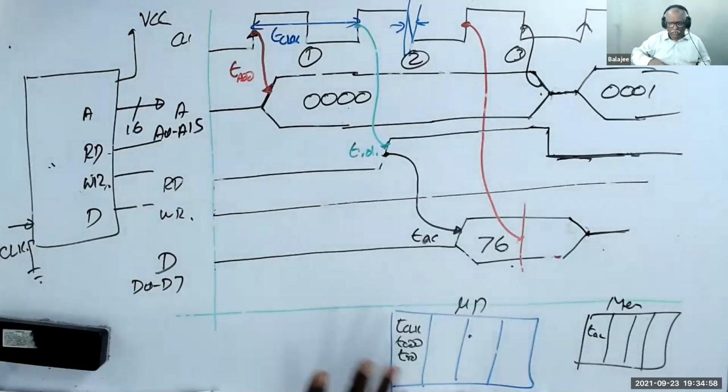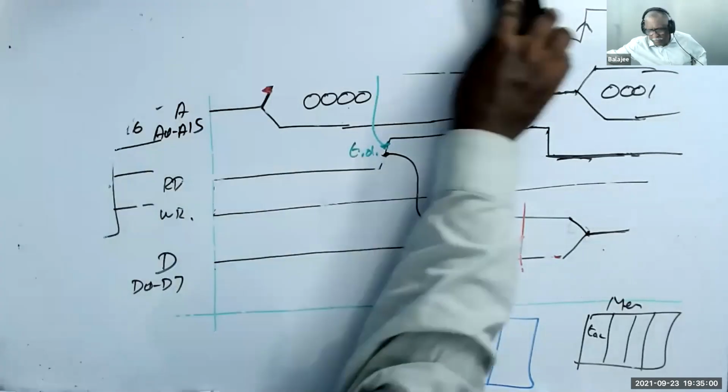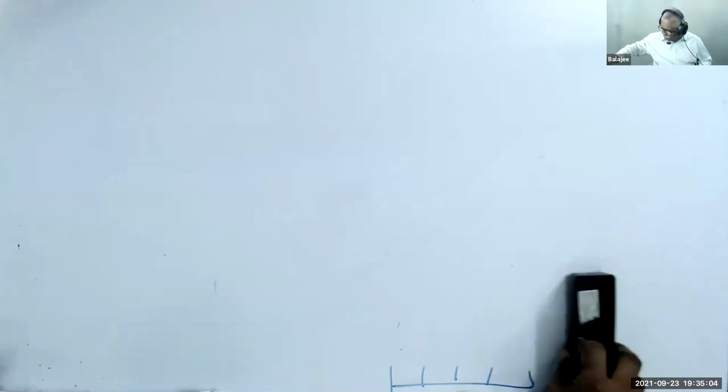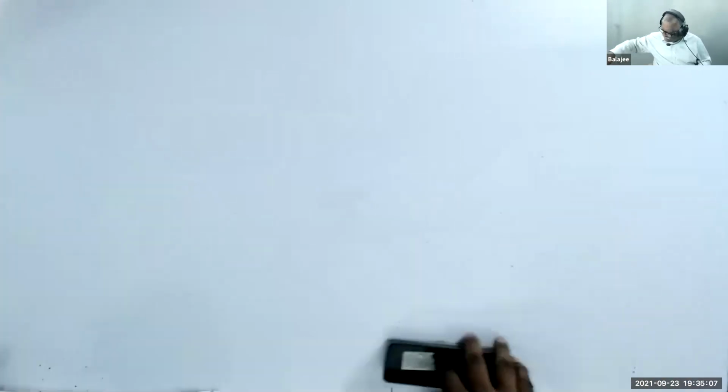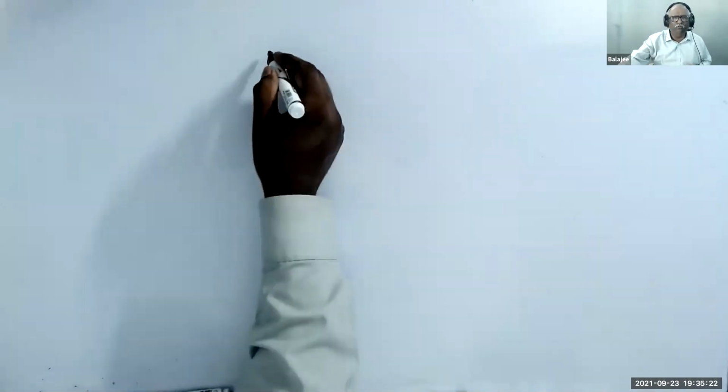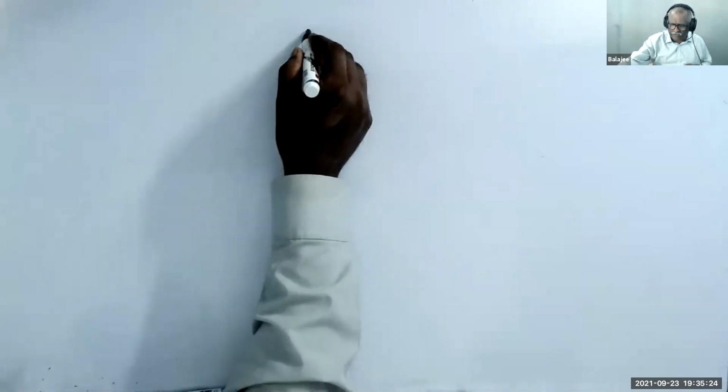If you learn this, then you can read any timing diagram and verify all the timing. You take any chip and watch the timing diagram. If you have a doubt, ask me. Now the ball is in your court. Now, we will discuss the next one. That's called flash.